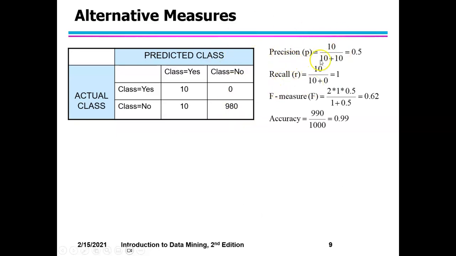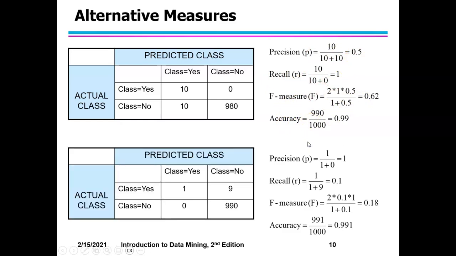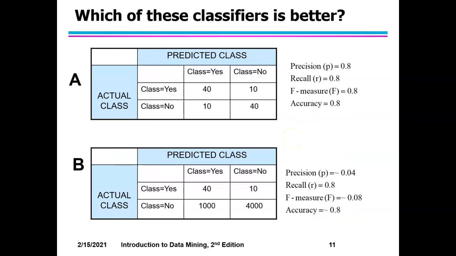For precision, if we apply the formulas, we have here 0.5, recall is 1, F measure is 0.62, and accuracy is 0.99. And similarly for this other example we can also find them. So which of these classifiers is better?